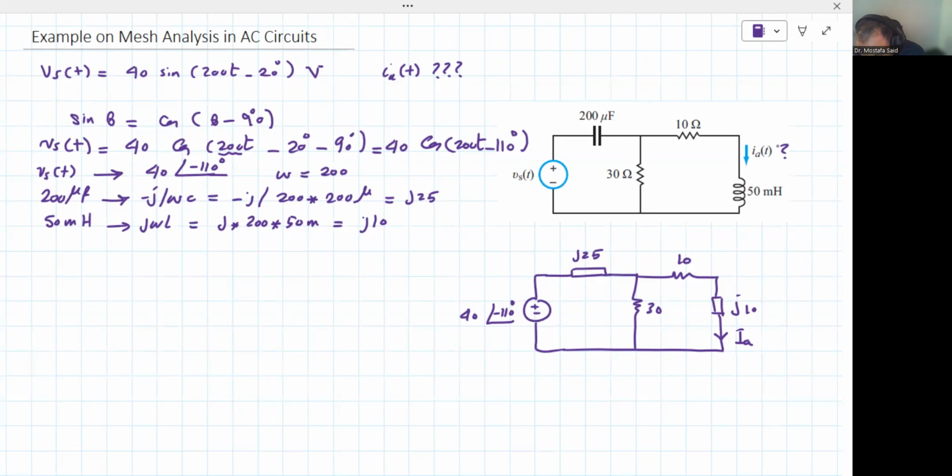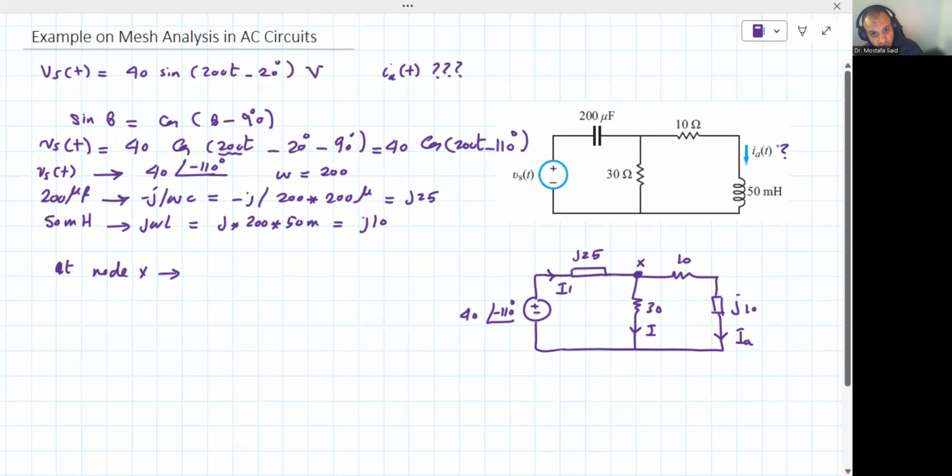We're gonna solve this using mesh analysis. So we must assume the currents in each branch of this circuit. Let's assume the current here is called I1 and the current here is called I2, whatever you like. First, let's put a node X here.